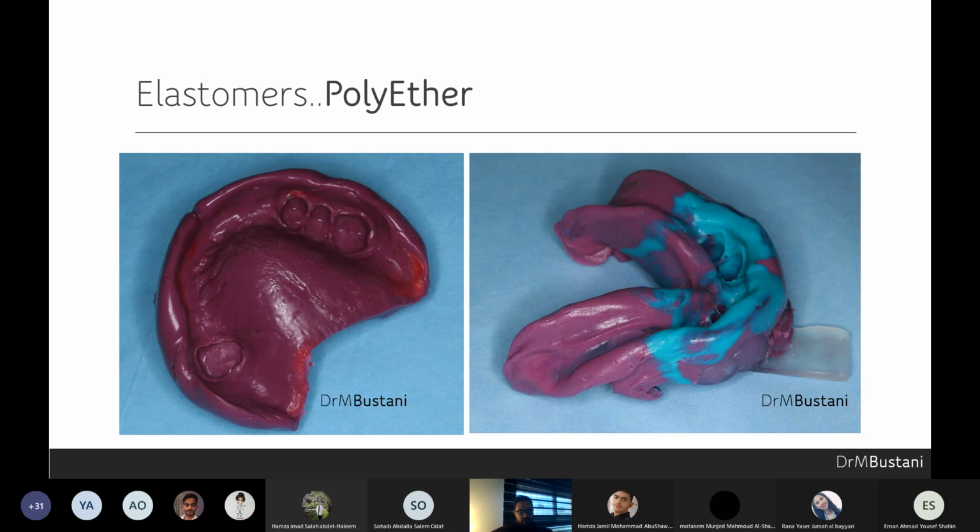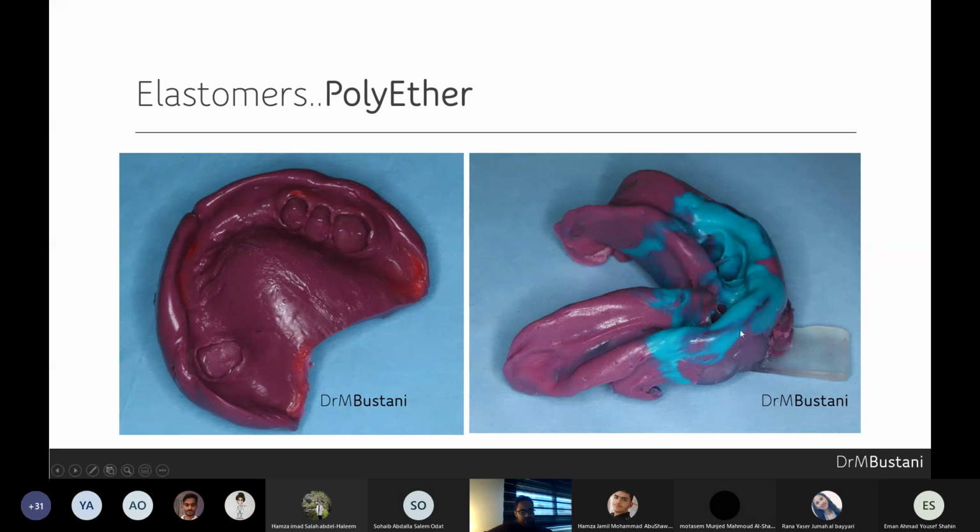It's less hydrophilic than alginate or agar, but it's very forgiving in terms of moisture control. So if there was a little bit of saliva or moisture or humidity within the mouth when you take your impression, you won't have lots of air bubbles within your impression. Okay.